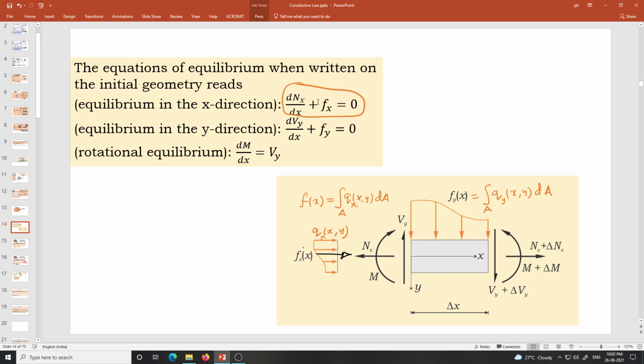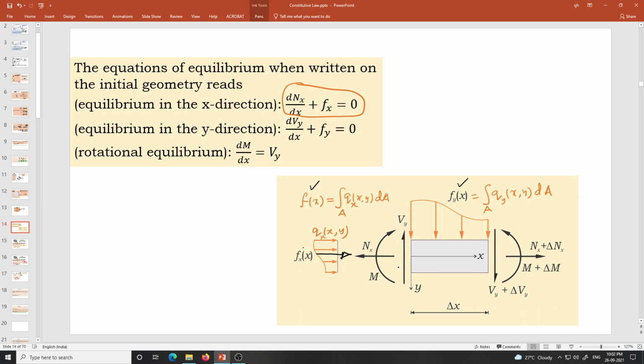If we consider the equilibrium along the x-axis direction, the distributed body force in the x direction is qx and in the y direction is qy, and the area-integrated distributed force along the x direction is fx and along the y direction is fy.